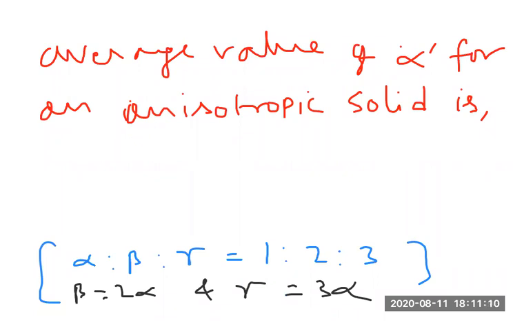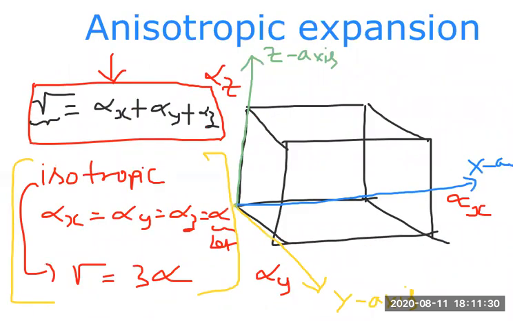So gamma is 3 alpha, that means alpha I can write as gamma by 3. What is gamma? Already I wrote that gamma is alpha x plus alpha y plus alpha z.